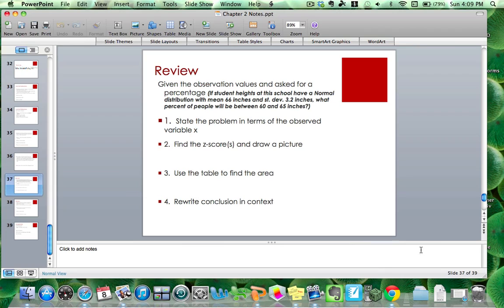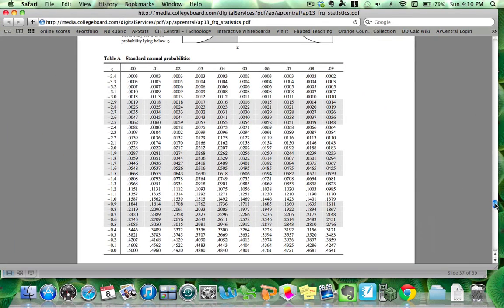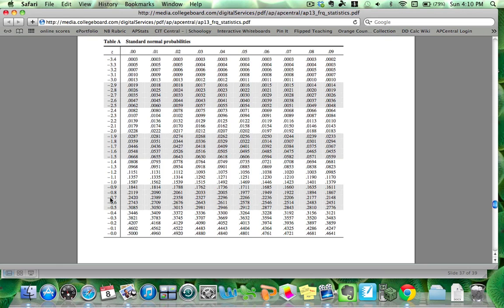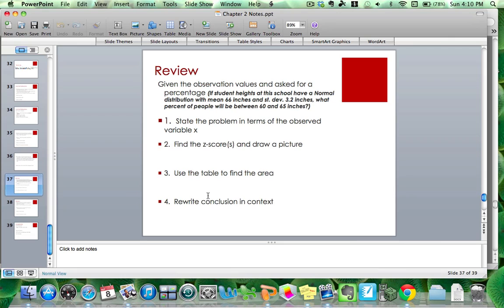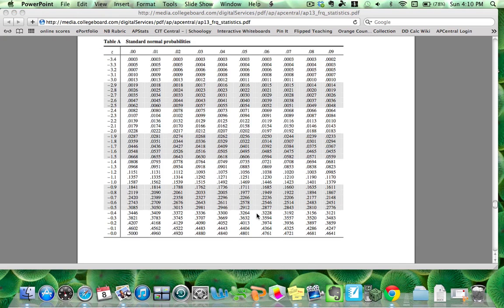So I'm going to go to the tables, and negative 0.31 gives me 0.3783. And negative 1.88 gives me 0.0301.